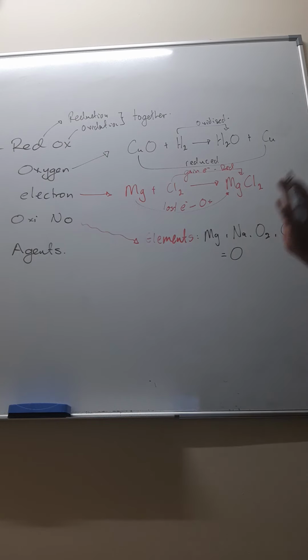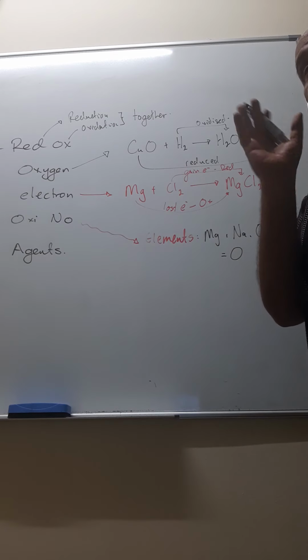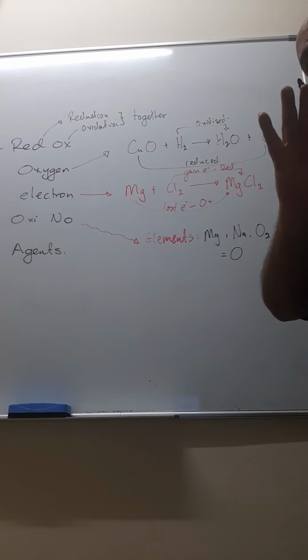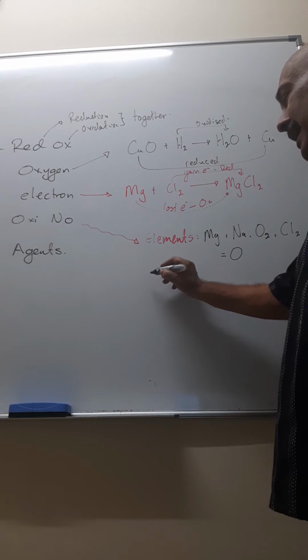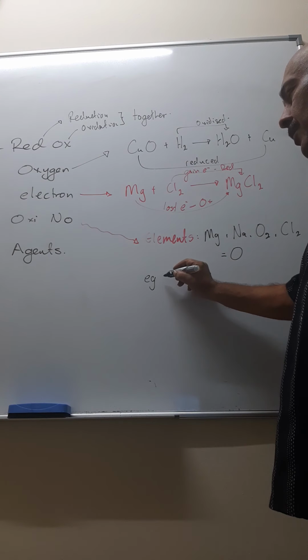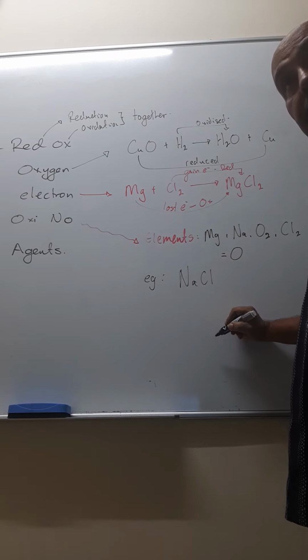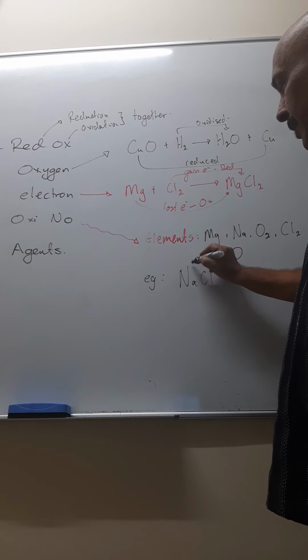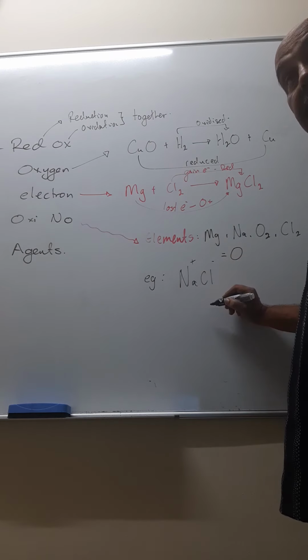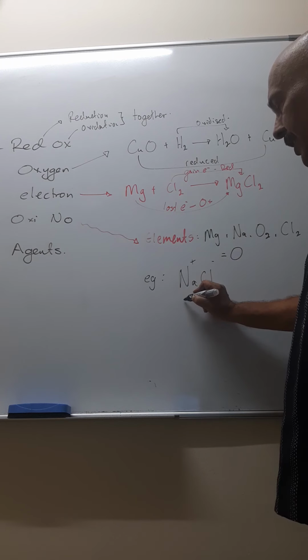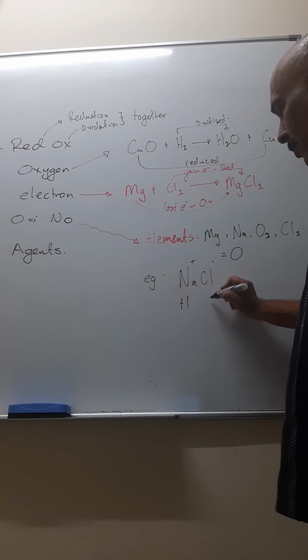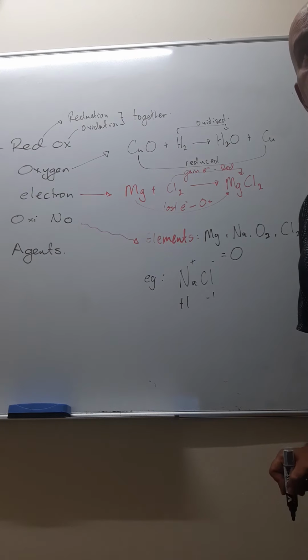Once you've reacted with something, your oxidation number is like your charge. So example, if you get sodium chloride, sodium's charge is plus, chloride is negative, so we say oxidation number of sodium is +1, chloride is -1.